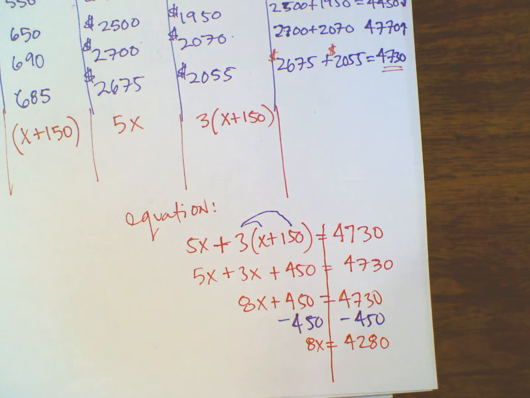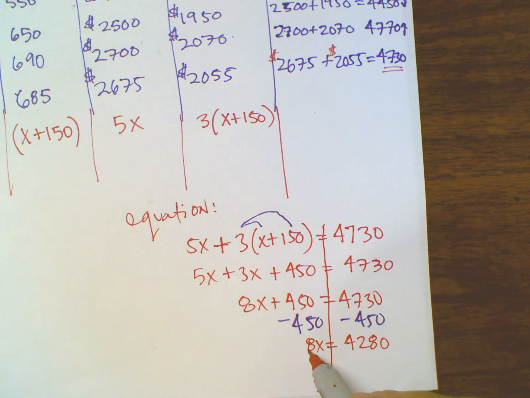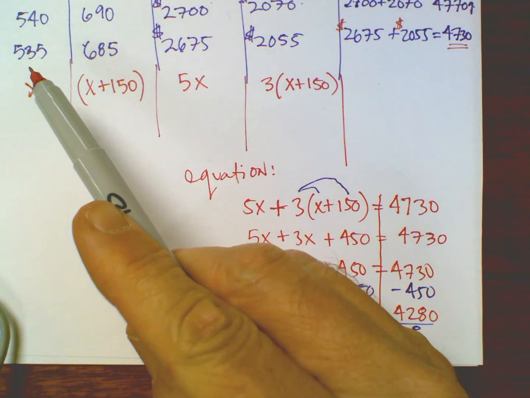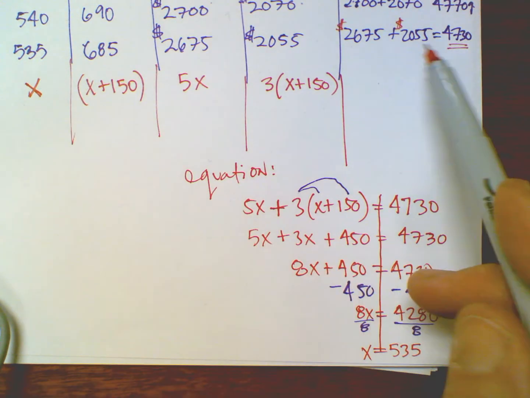And then the last step, to get x alone, right, I have 8 times x, so I need to do the opposite, which is divide by 8. And 4,280 divided by 8 is 535. So that's my x value, which checks out to be what I ended up with for my final answer when I did my guess and check.